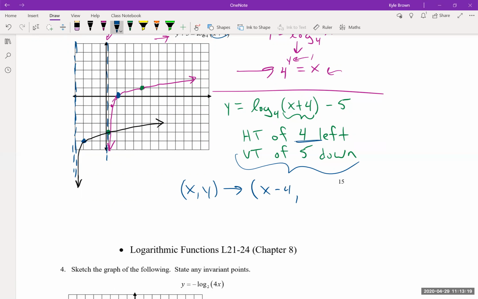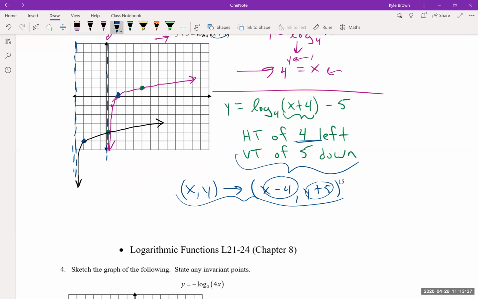And then my y values would all be y plus 5, right? So once I have this key made, any point that was on the original function, I can just put it through this formula and you'd be good to go and can sketch it out. Either one works, right?